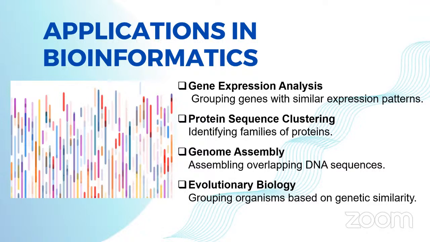In evolutionary biology, organisms are grouped based on genetic similarity to construct a phylogenetic tree that illustrates the evolutionary relationships among the organisms.